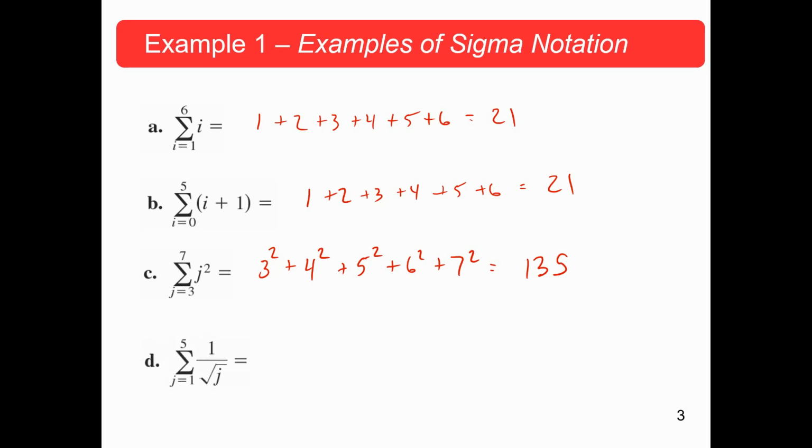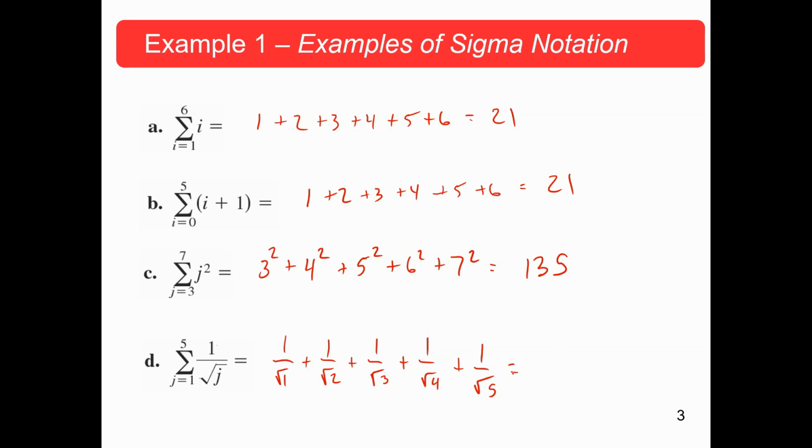Here, this one looks a little more complicated. We've got 1 over the square root of j, starting at 1. So that's 1 over the square root of 1, plus 1 over the square root of 2, plus 1 over the square root of 3, plus 1 over the square root of 4, plus 1 over the square root of 5. And we stop when j hits 5.